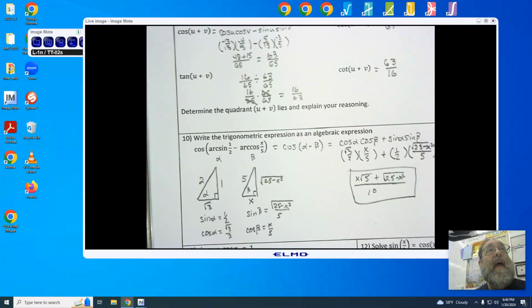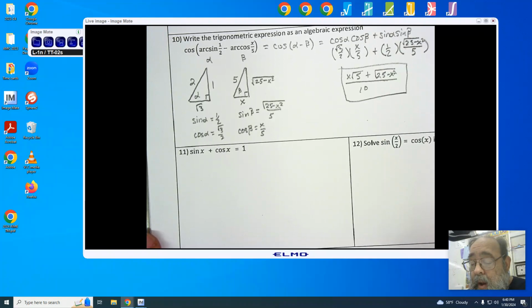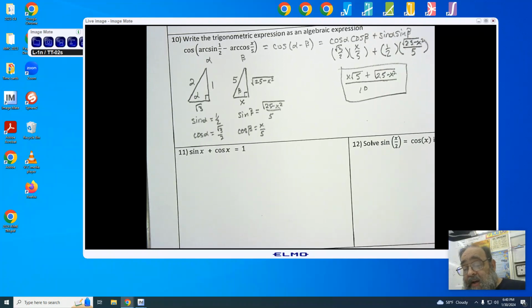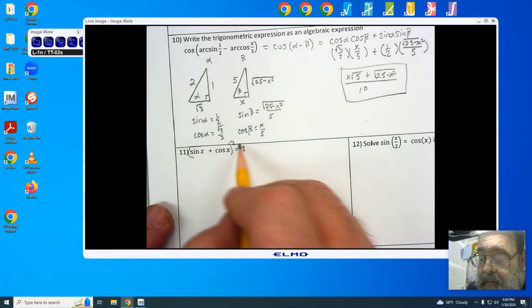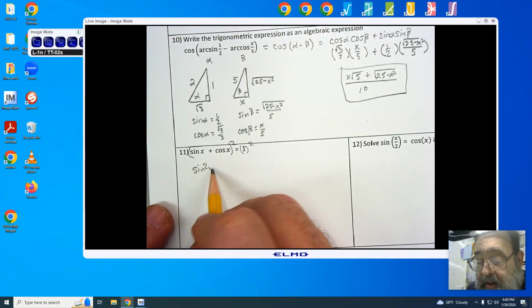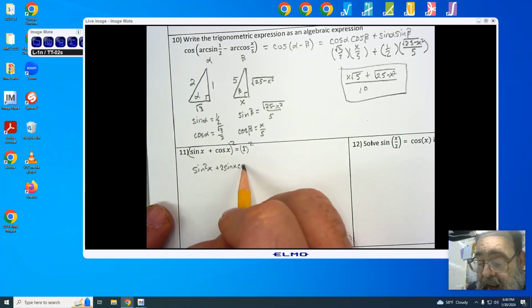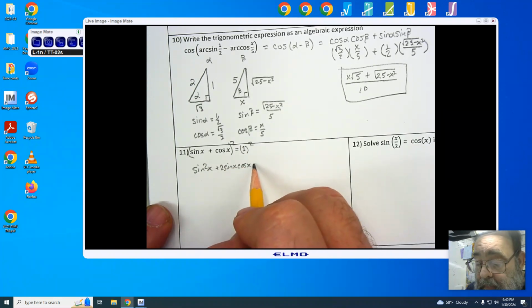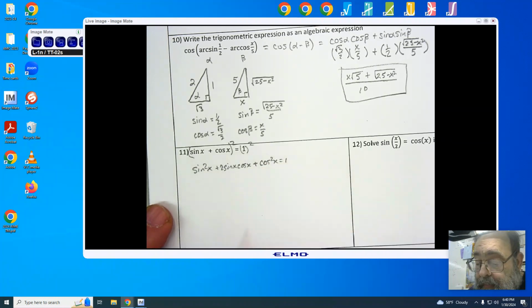We're now going to take a look at number 11. Now, when you see the sine of x plus the cosine of x equaling 1, it only makes sense that we square both sides. This is going to give me the sine squared of x plus 2 sine x cosine x plus cosine squared x equaling 1.